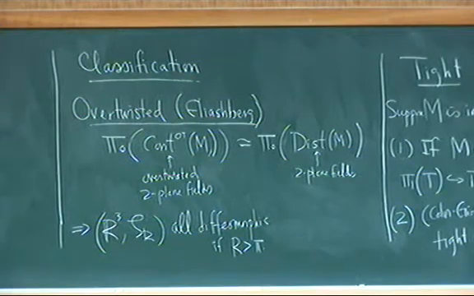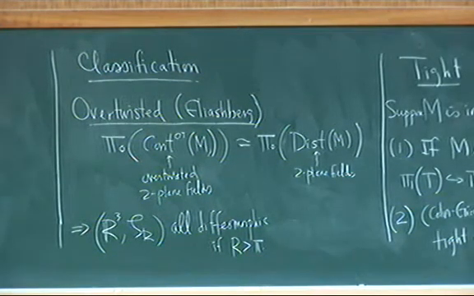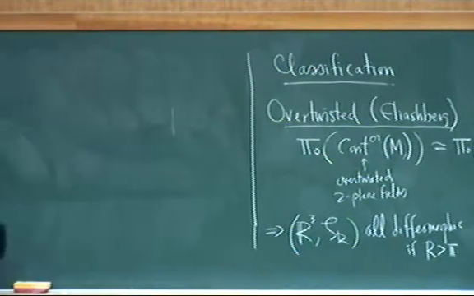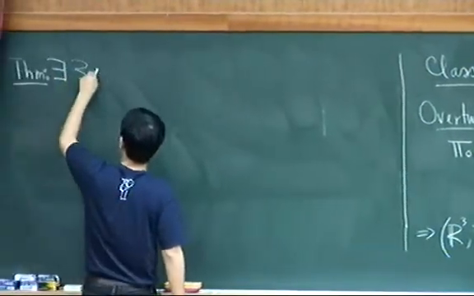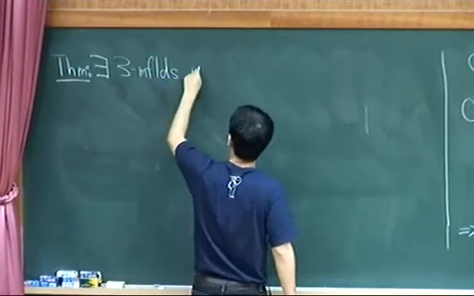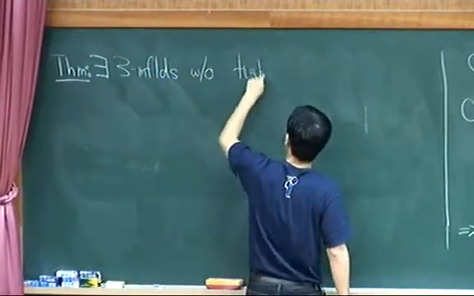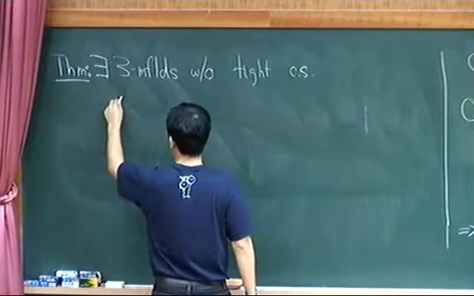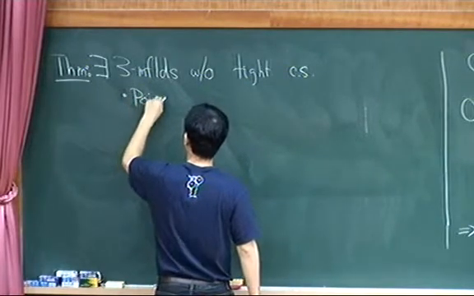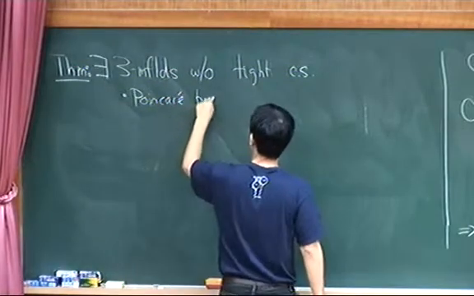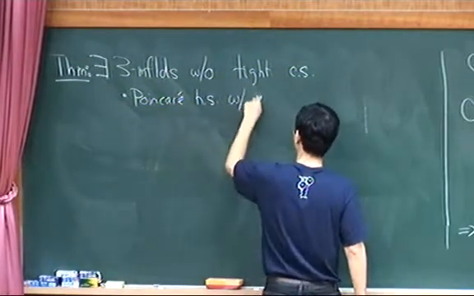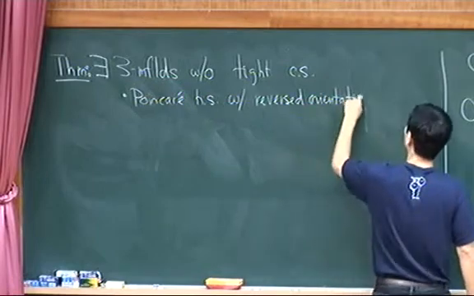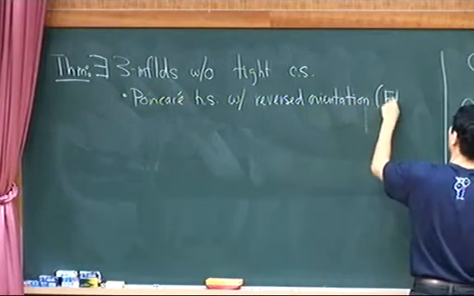So maybe a theorem: there exist three-manifolds without tight contact structure. There's a really short list of things. The first one was the Poincare homology sphere with reversed orientation. This is myself and Etnyre.